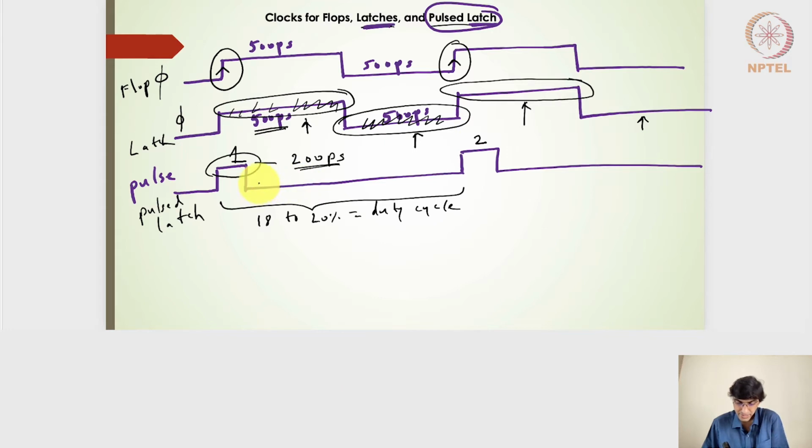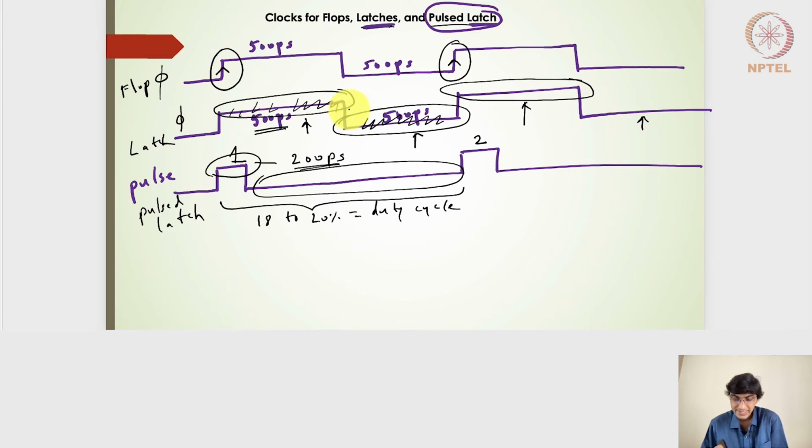So we don't utilize this low level of the pulse signal, very similar to not utilizing this entire portion of the clock that is supplied to the flip-flop designs. Only in the latches, because of the majority of the room that is available, we tend to capture the signal in the low level as well, applying the phase latch which is able to capture this low level also.